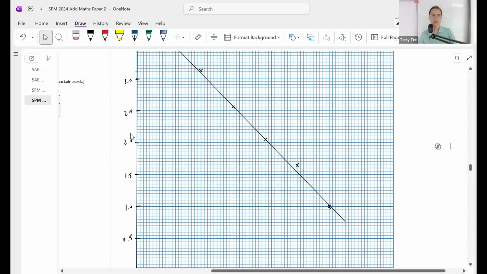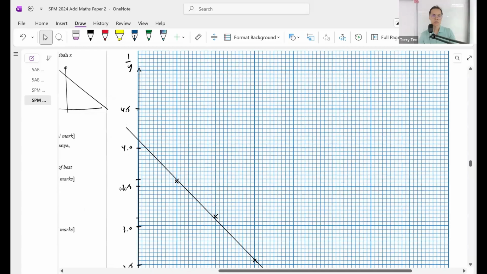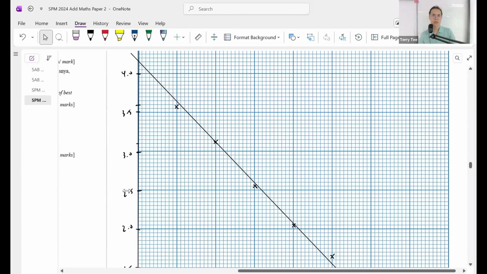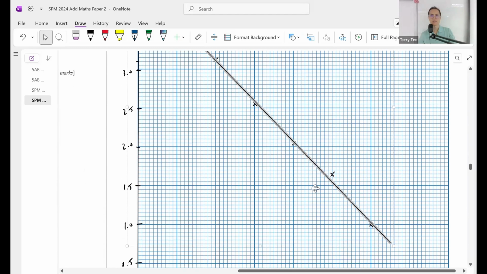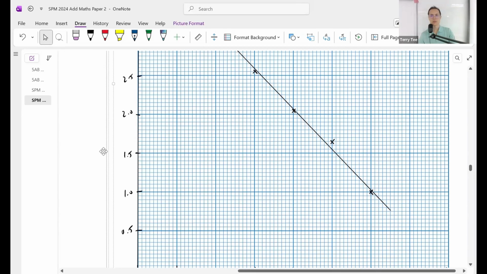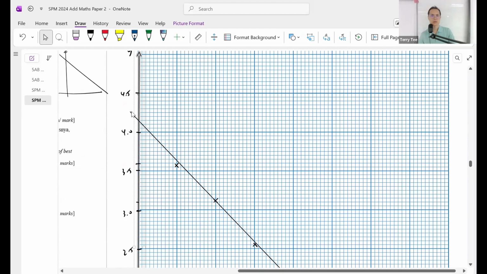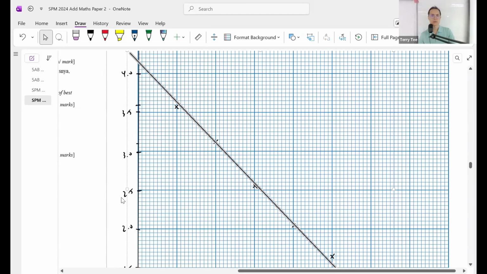Can you move a bit higher? Maybe I move this slightly like this. Looks like 4.15, right? 2 points below, 1.2, 3 points below, cannot. I think I need to adjust back.